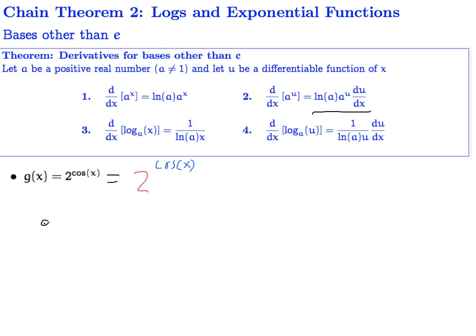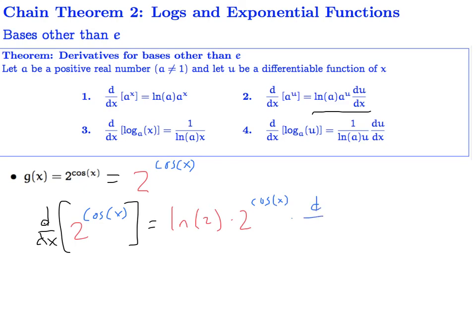So now when we take the derivative of 2 to the cosine of x, what we end up with is, well, the outside says we have the natural log of 2 times 2 to the cosine of x, keep that inside function the same, multiplied by the derivative of the inside function.